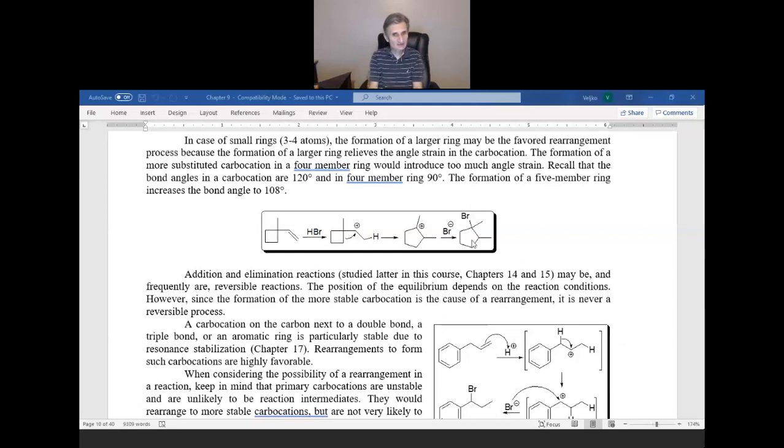That relieves angle strain. So remember that as exceptions. When you go to larger rings, 5 and 6, then rearrangements are more conventional, secondary into tertiary carbocation. If there is something different, then I will state that on the test. So then I may tell you this compound rearranges to this one and give you all the formulas if it's something you couldn't figure out.